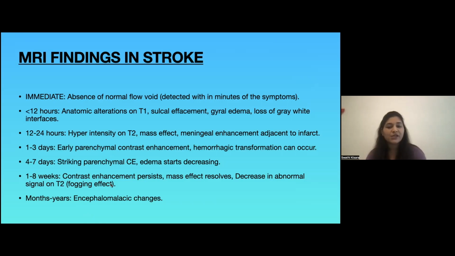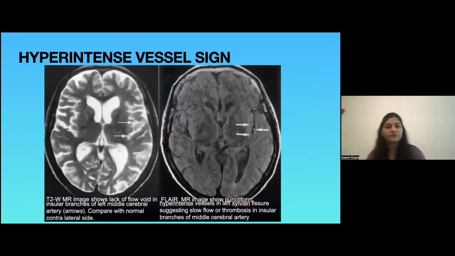The mass effect starts resolving, and there is also a decrease in abnormal signal on T2 because of fogging effect. And months to years after, during the chronic stages of the infarct, encephalomalacic changes can be appreciated on the MRI.